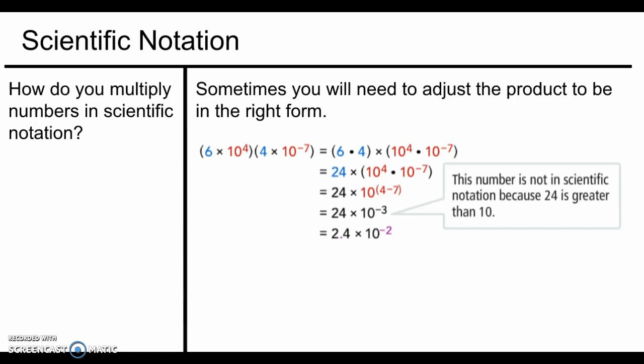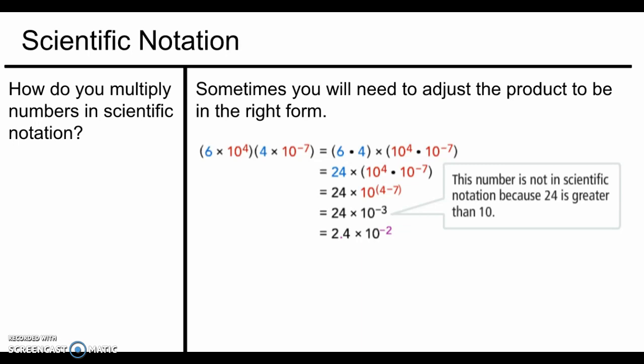Then we group our powers of 10, so that's 10 to the 4th power times 10 to the negative 7th power. 6 times 4 is 24 times 10 to the 4th times 10 to the negative 7. Since we're multiplying, we're going to add these exponents. So we have 4 plus negative 7, which is going to give us a negative 3. So we have 24 times 10 to the negative third power.